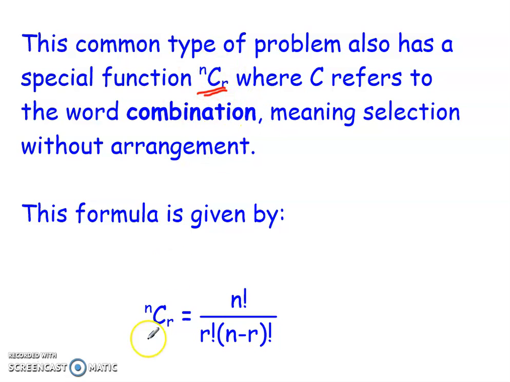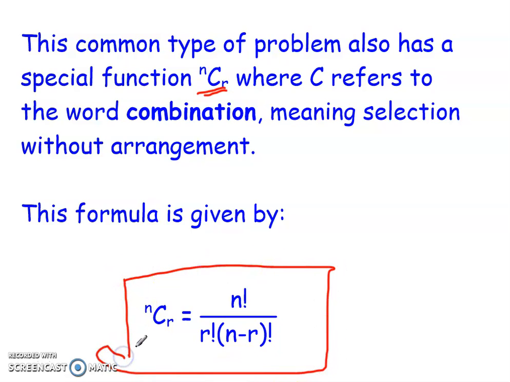Now the formula for this can be written in this variation here. Essentially, it is the same as taking our permutation formula from before, but dividing it by this factor here, the r factorial, which gets rid of the dependence on the arrangements.